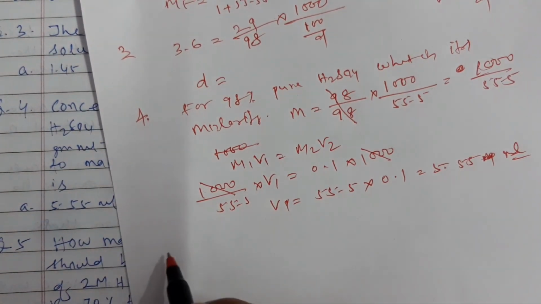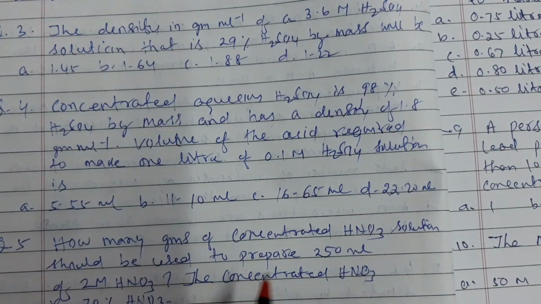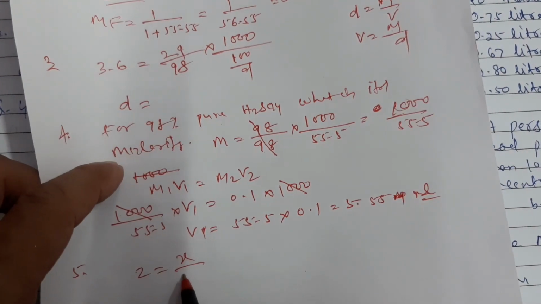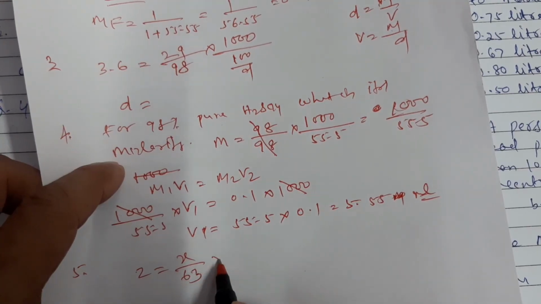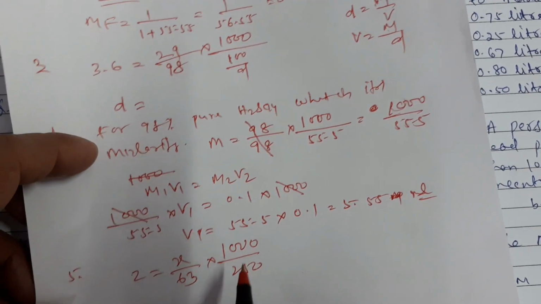Question number 5, you do what? How many grams of concentrated nitric acid should be used? So molarity 2M, 2 is given, x you have to take, nitric acid is 63, multiplied by 1000, divided by 250 ml.